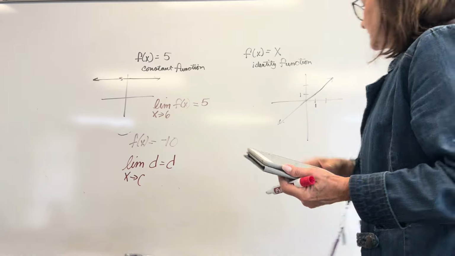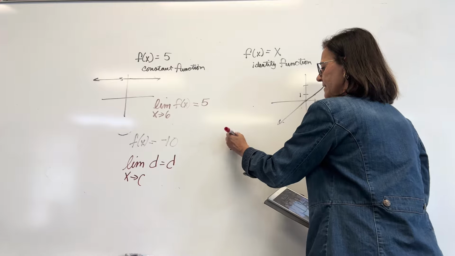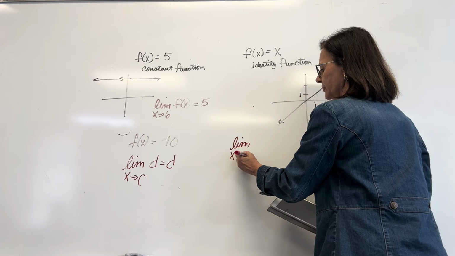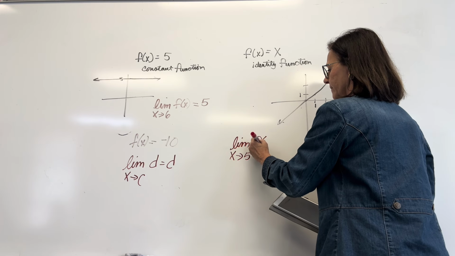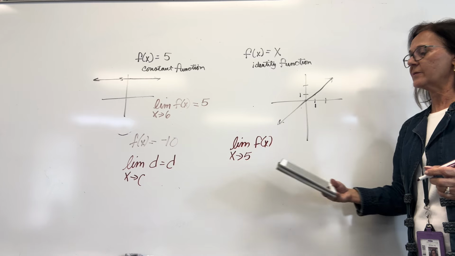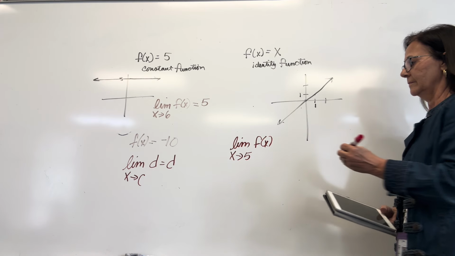All right, now let's look at this one. Let's say, what is the limit as x approaches 5 of this function? What does y approach as x approaches 5? It's the same thing, isn't it?